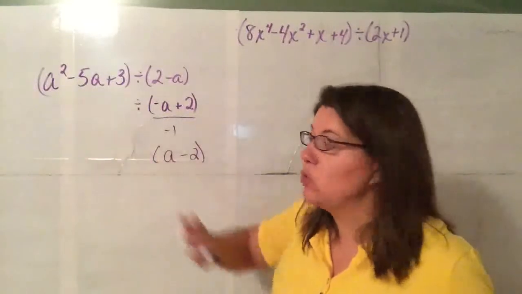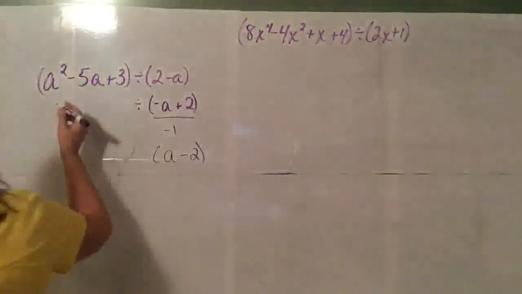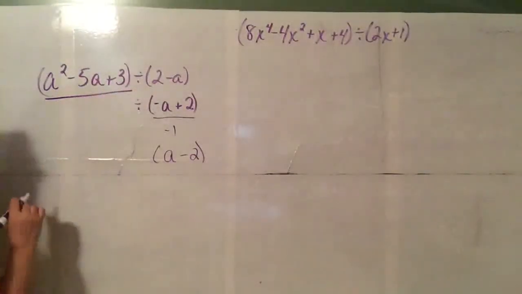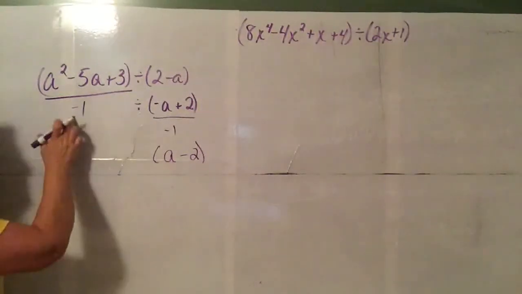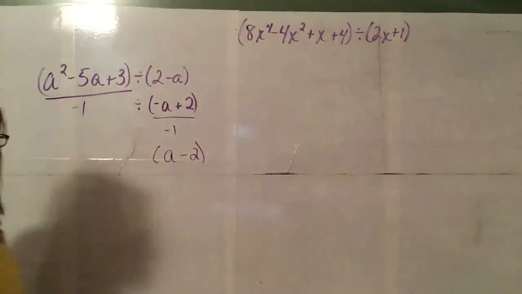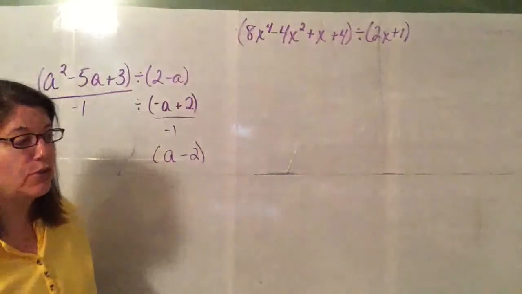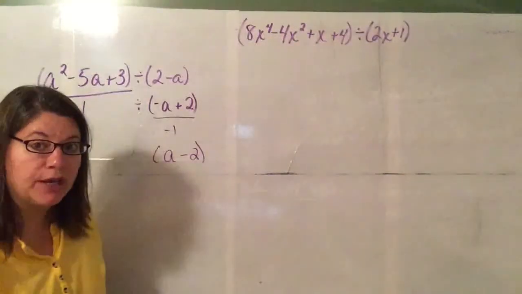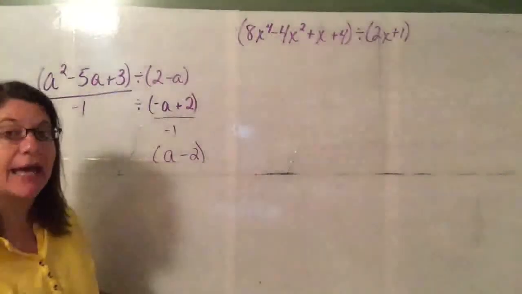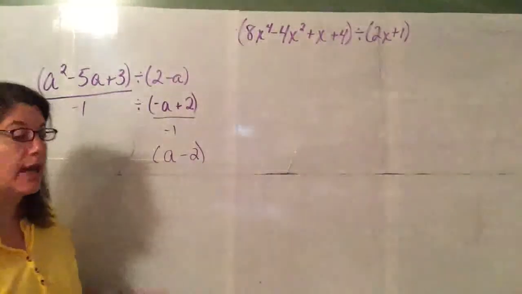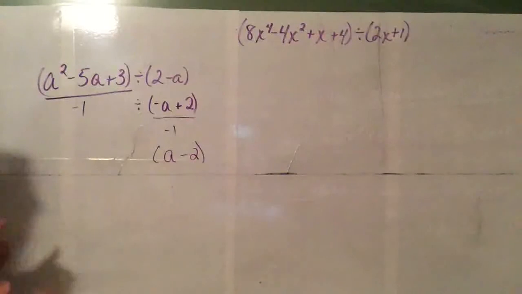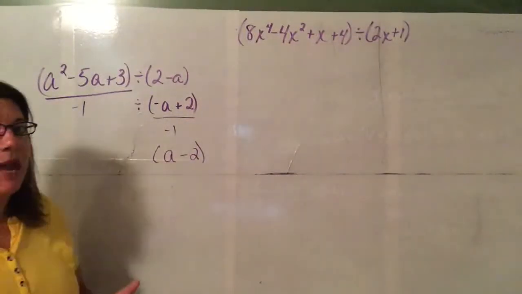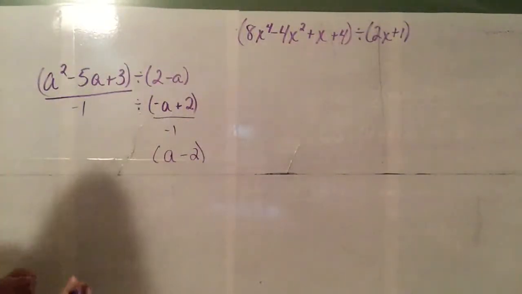I have to make sure that I'm doing the same process to each of the portions or each of the parts of the problem. So I need to divide that by -1, which essentially is the same thing as multiplying by -1. So I could say I'm multiplying it by 1, which is -1 over -1, or I could say I'm dividing it by -1 over -1, okay? Same thing. Whether you divide or multiply by 1, it doesn't matter. You're going to end up with the same thing in this case.